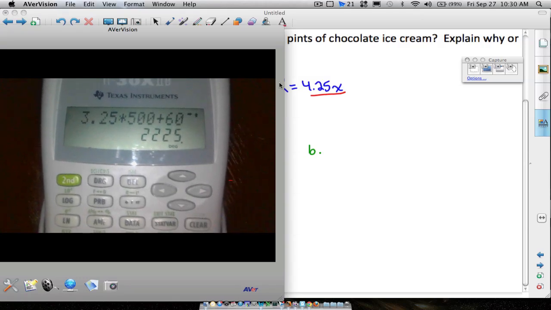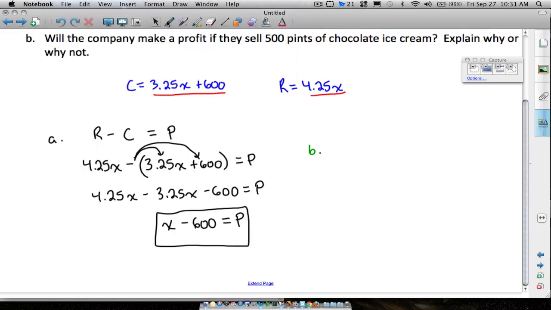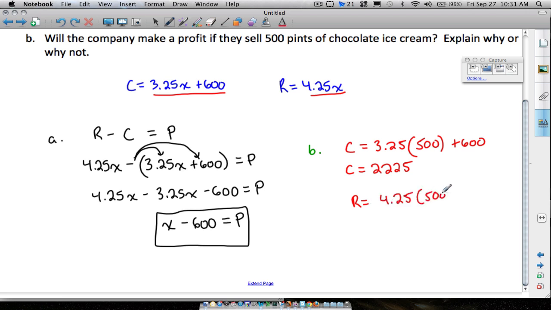All right, and what's the difference between those numbers? It's actually going to be 100. The cost, if we plug in 500, 3.25 times 500 plus the 600, that answer was $2,225, whereas the revenue function is going to be 4.25 times 500.